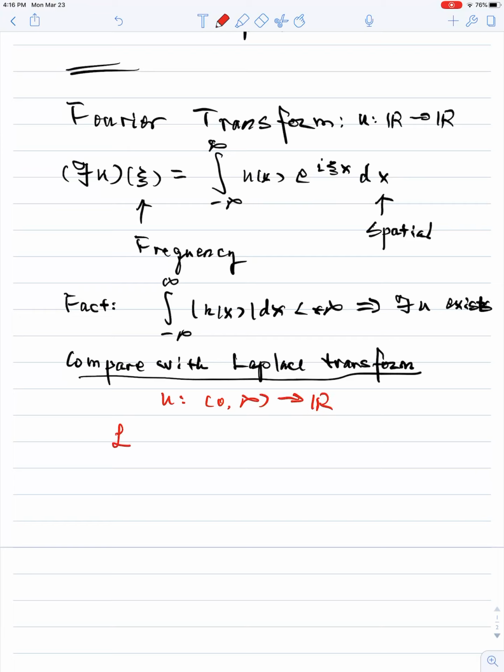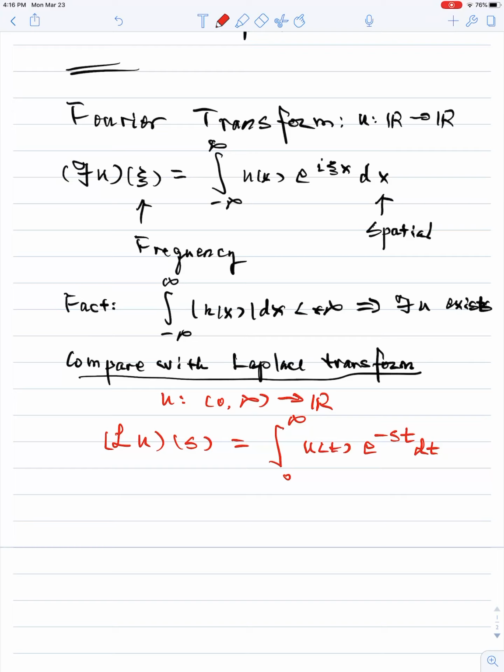And the Laplace transform of u, we use the variable s, is the integral from 0 to infinity of u(t) e^{-st}, and the integration is with respect to t.